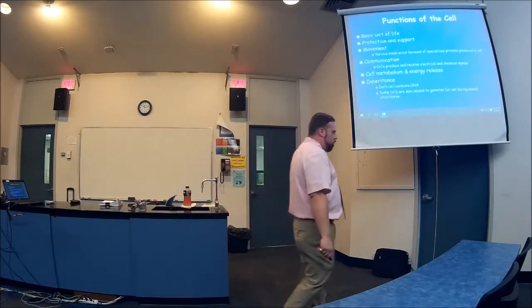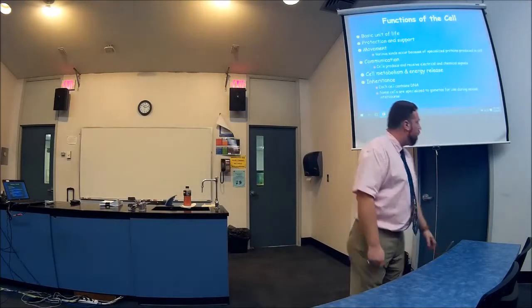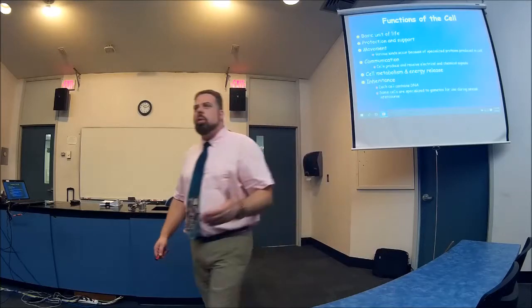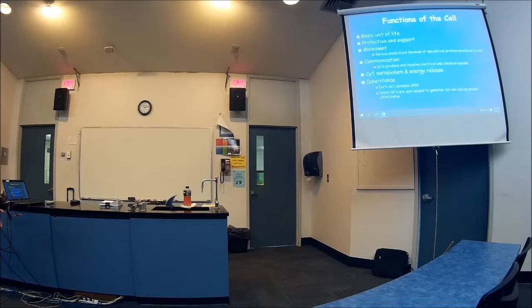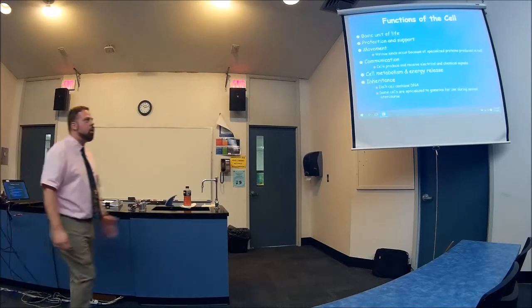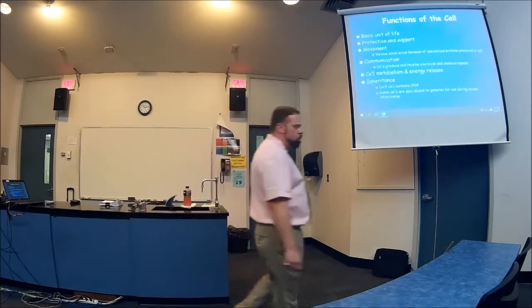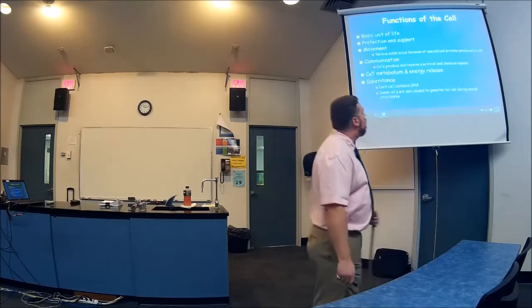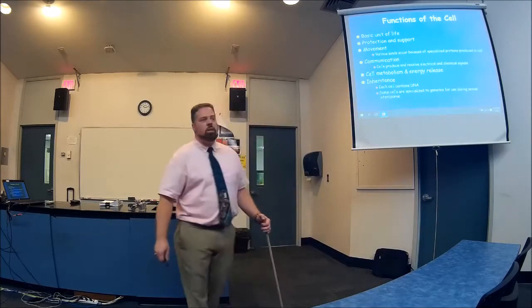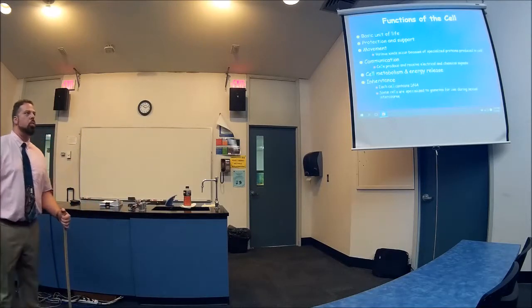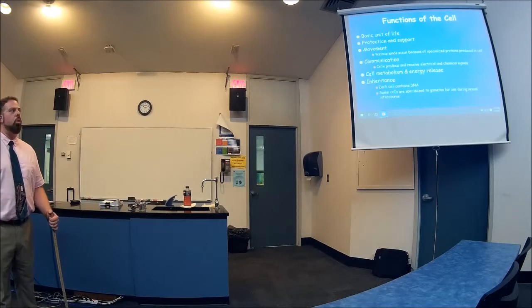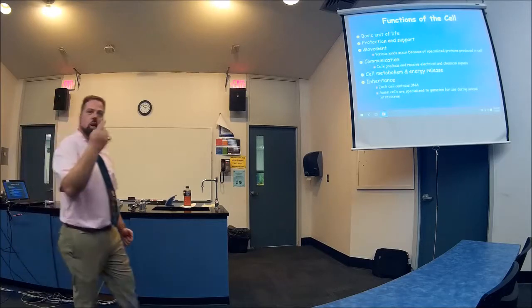Simple things. The function of the cell. Just pretty straightforward kind of information. I'm not going to ask questions about this per se, but it gives you some introduction. It's the basic unit of life. It's there to protect and support. Movement. There's various kinds that will allow the cells to move. Specialized ones. You'll see things like the sperm is one cell that can move.